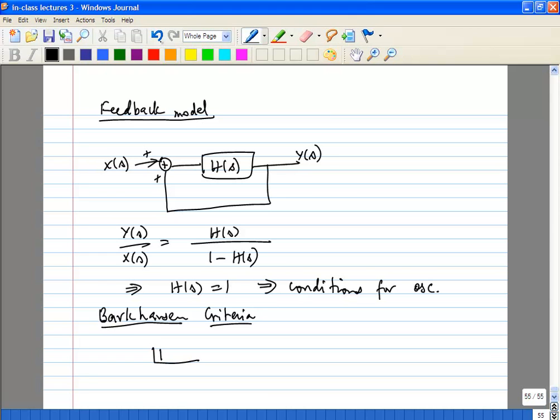So the amplitude should be 1 and the angle should be 360 degrees. And these are both valid at S equals j omega naught, where omega naught is the oscillation frequency.